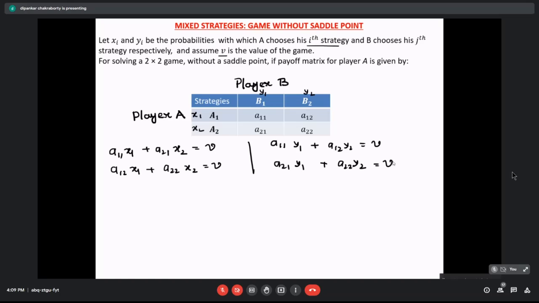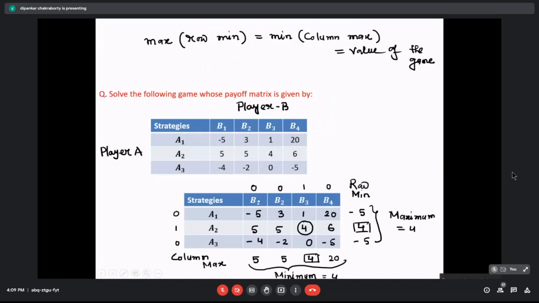As we have seen already, when B plays his strategy 0 1, if you multiply it, this is 0, this is 0, this is 1, so you are getting 4. Similarly, multiplying this 0 1, you are getting 4. Clear to you what I'm saying? Is it okay to you?